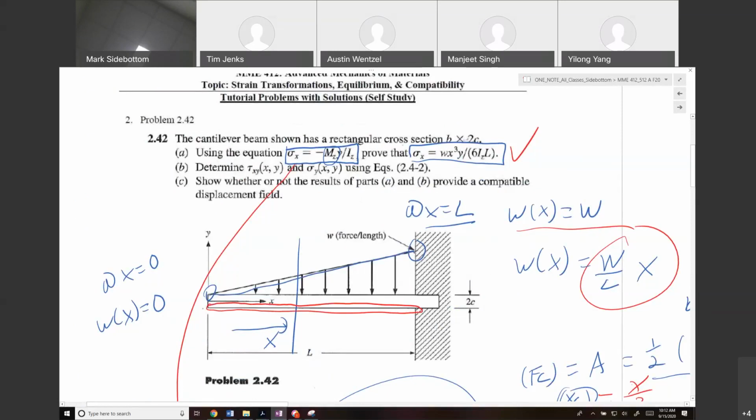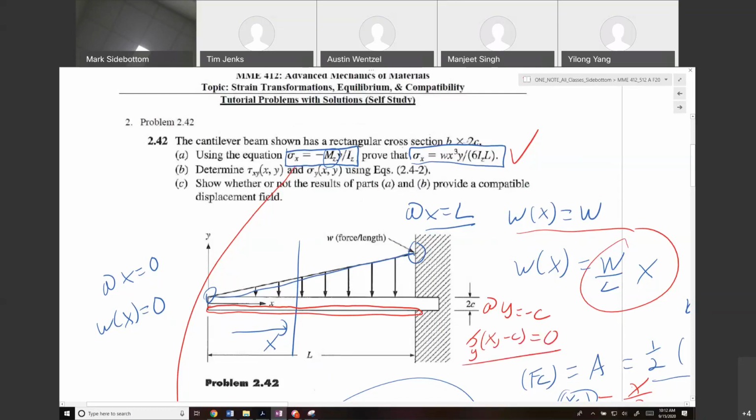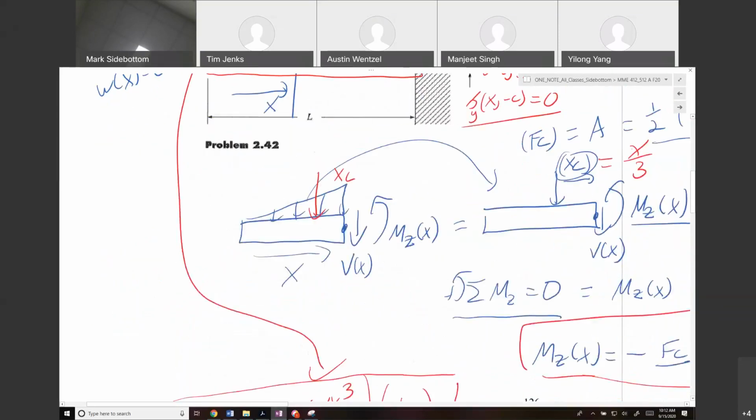There should be no stress that's being applied along the y-axis. So we can say that at y equal to -c, the stress along the y-axis would be equal to 0. So we can use that second boundary condition to solve for g of x.